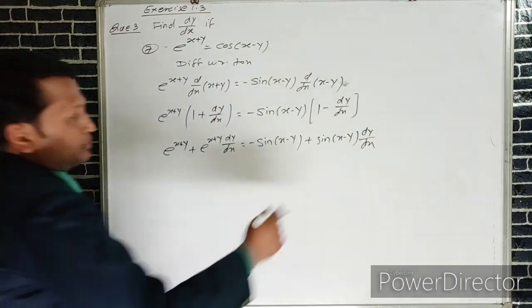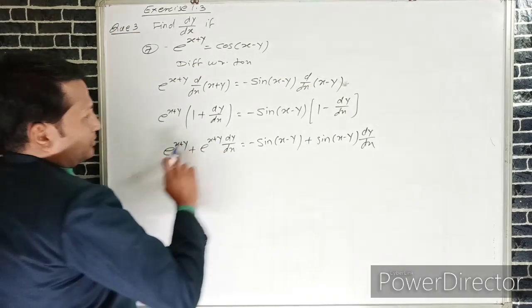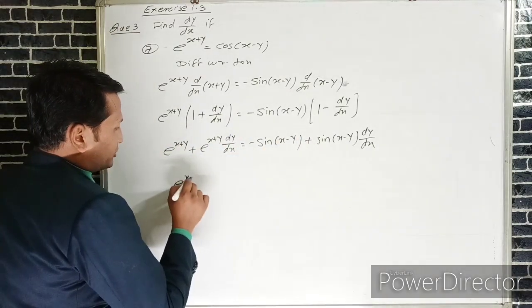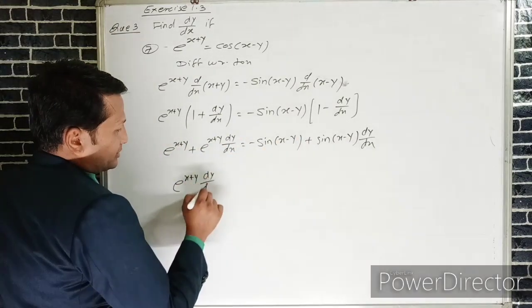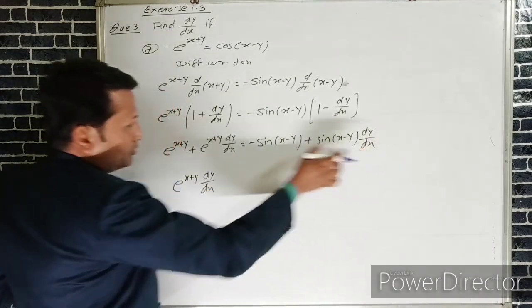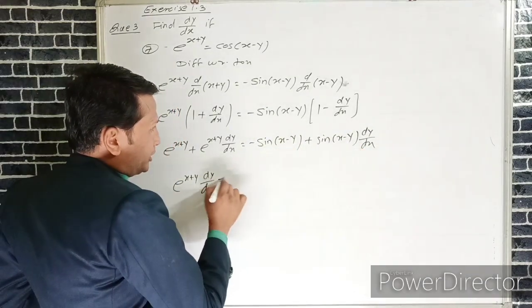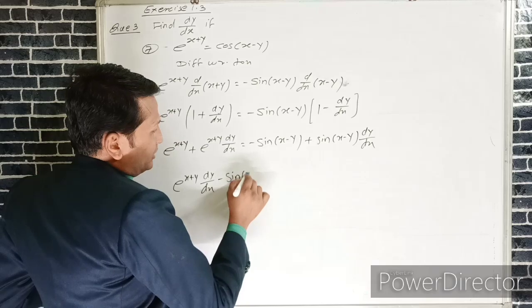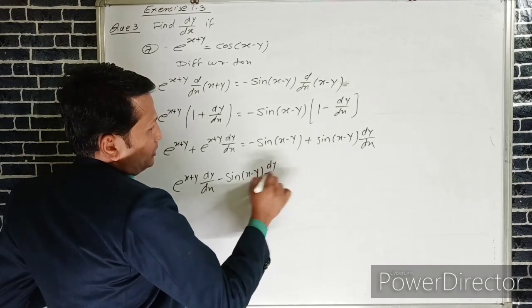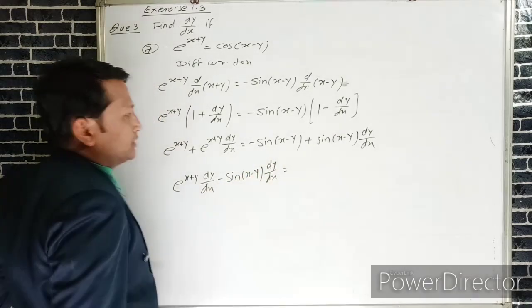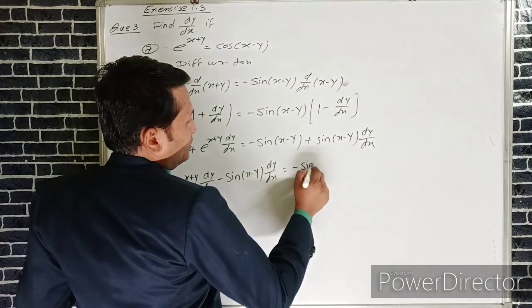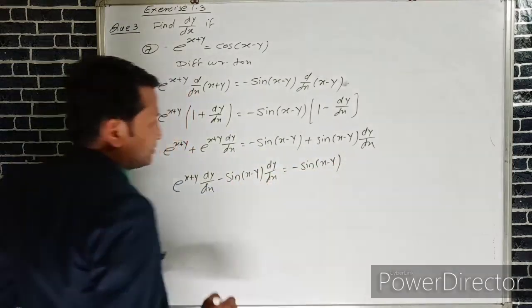If we take this term to the left side and the remaining terms to the right side, we can write e to the power x plus y into dy by dx. This term is positive, it converts into negative sign, minus sin of x minus y into dy by dx is equal to minus sin of x minus y as it is.